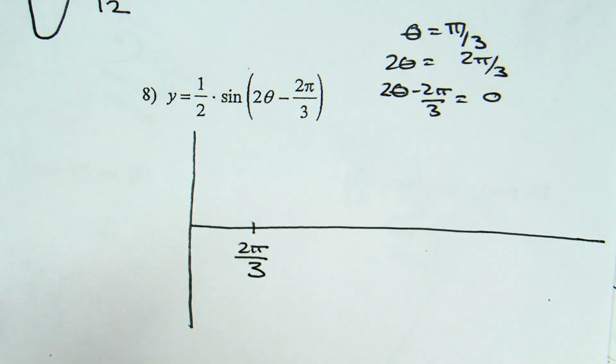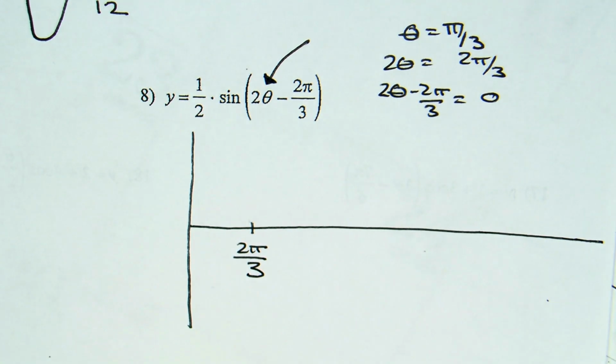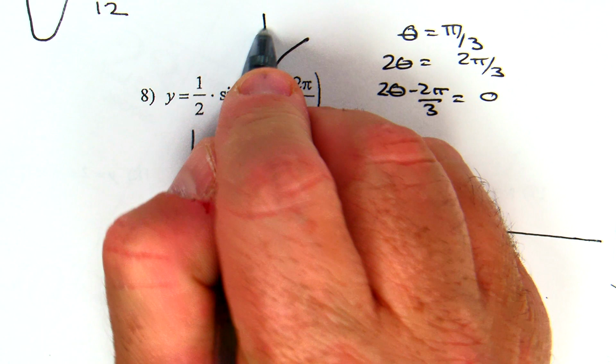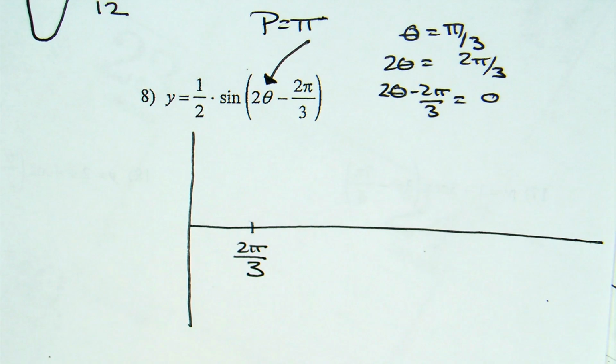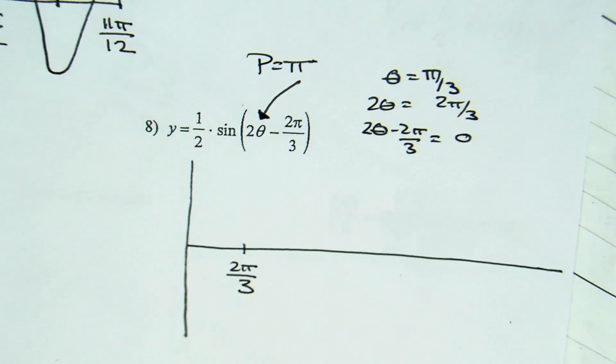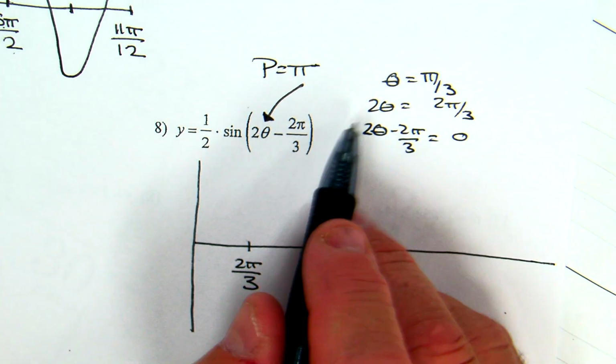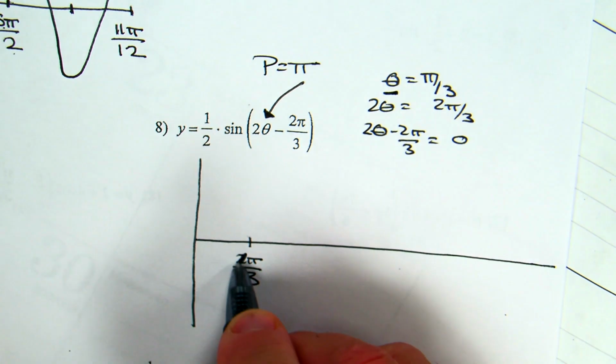All right. My period has everything to do with that coefficient too. So I'm going to do 2 pi divided by 2. The 2's cancel out. Gives me a period equal to pi. Oh, sorry, I wrote down the wrong one.